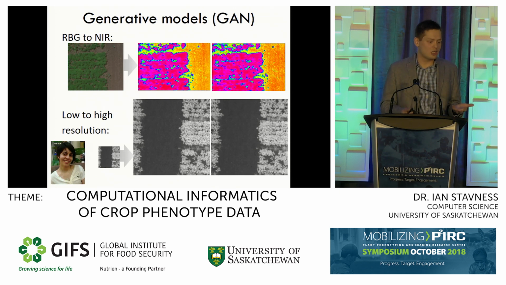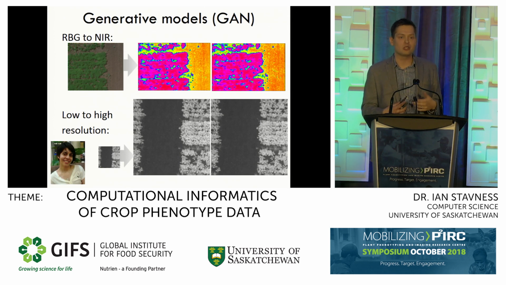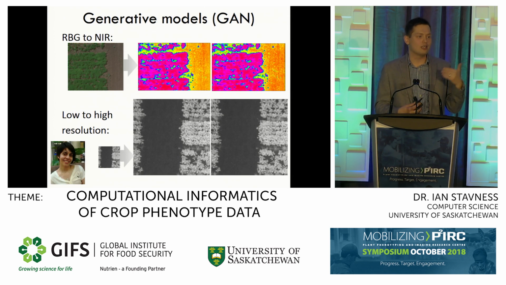The advantage is that if we have a model that can make good predictions about NIR from regular RGB images, then you can fly a cheaper camera and still make predictions about NIR. The other is going from low resolution to high resolution pictures. Again, the motivation is that you could fly a lower resolution camera and still pick up more high resolution features.